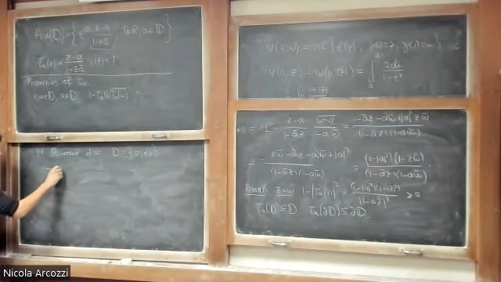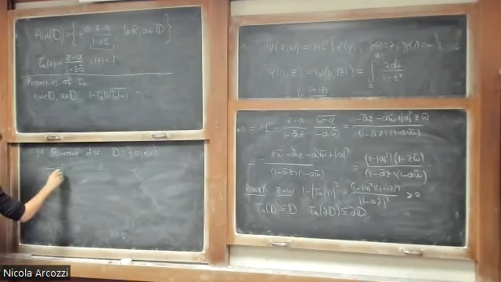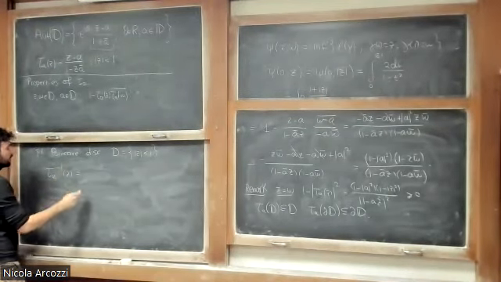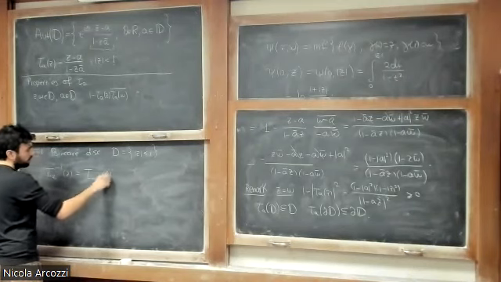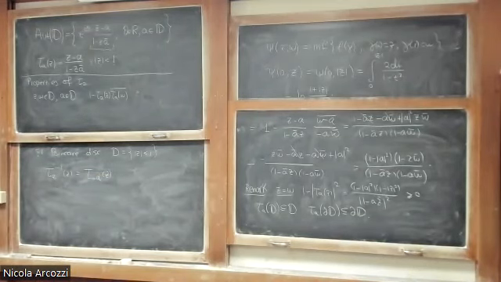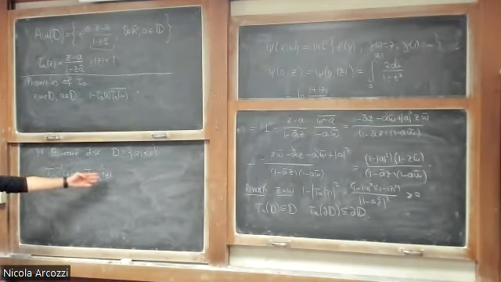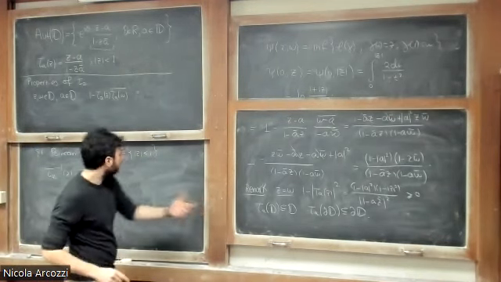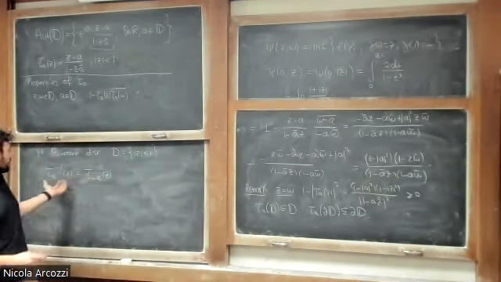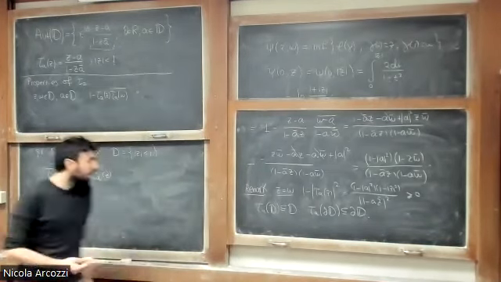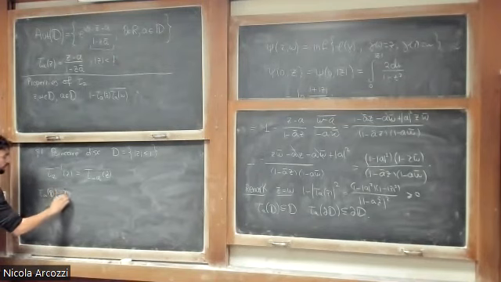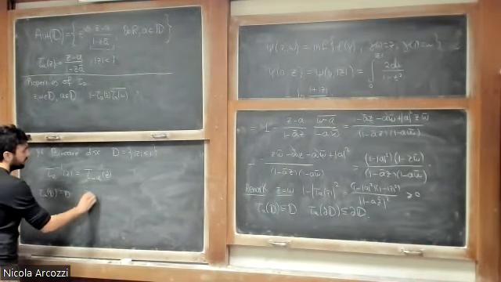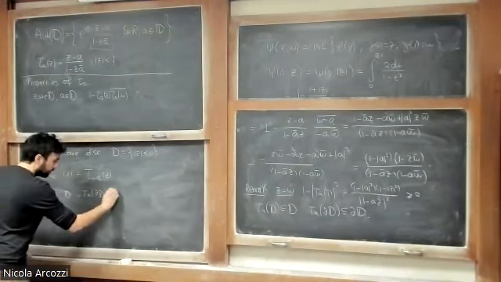You can calculate the inverse of tau A, and it's exactly equal to tau of minus A. So in particular, by applying the inverse here, because these relations hold also for the inverse, then you get that tau A of the disk is exactly the disk, and tau A of the boundary is exactly equal to the boundary.